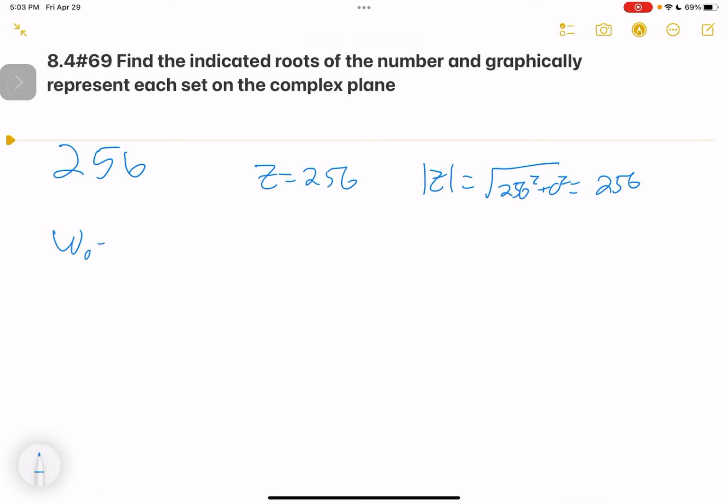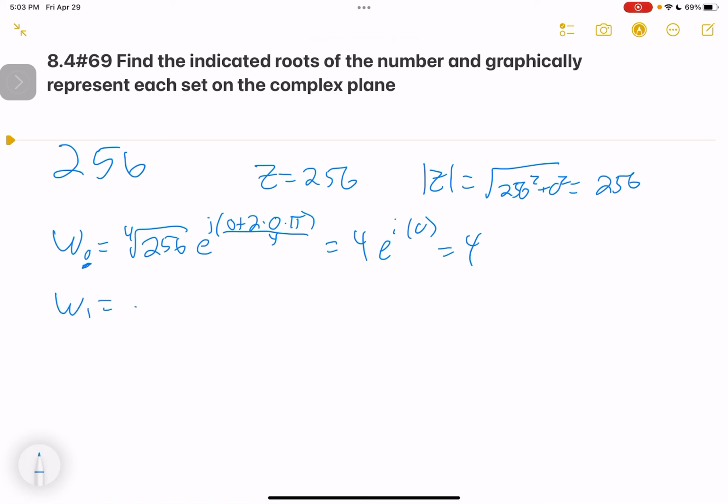W sub 0 is going to be the fourth root of 256 times e to the i times (0 plus 2 times 0, the index of the W, times pi) all over 4, because it's the fourth root, that's the index of the root. So we end up with 4 times e to the i times 0, so it's just 4.